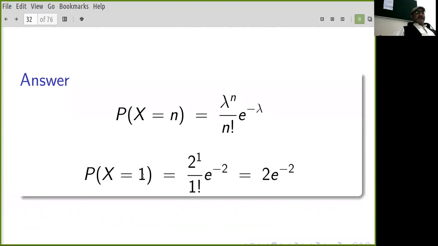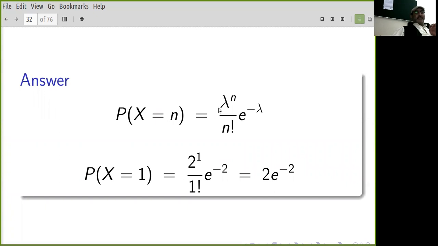So the probability that x is equal to 1 car in a 10-second interval is, now we have to make sure that we're talking about the same thing, right? So 1 car on average in a 5-second interval means 2 cars on average in a 10-second interval.